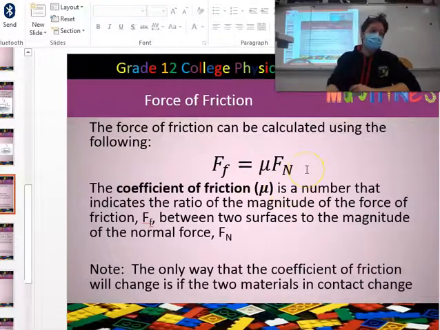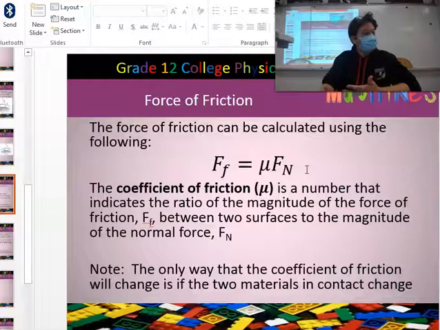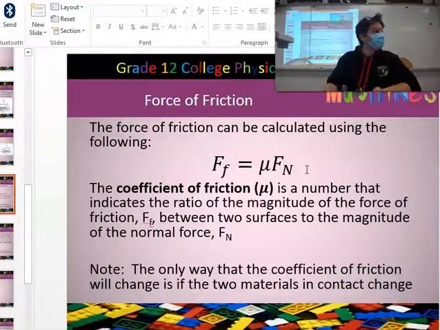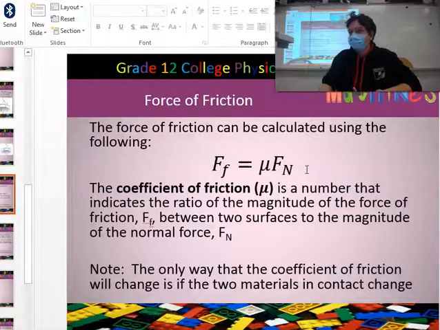Now, how do we actually calculate friction? Well, what does friction actually depend on? It depends on two things. One, what are those surfaces that are in contact? Is it rubber and concrete, rubber and asphalt, or rubber and wet asphalt, or rubber and ice? Obviously, what those two surfaces are that are in contact will affect friction.